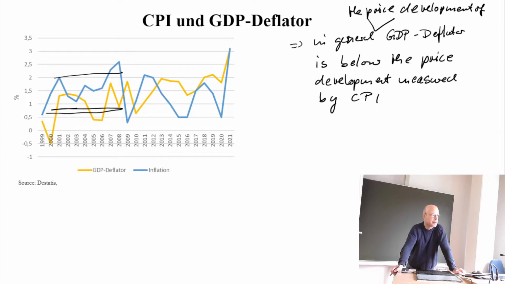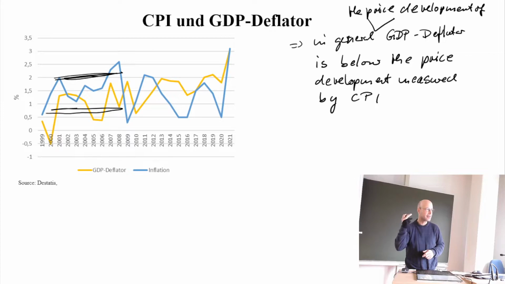So you can think of that you maybe earn 2,000, 2,500 euros per month. And you see here, due to CPI, which represents the private consumption, the representative household goes up by 2.5%.